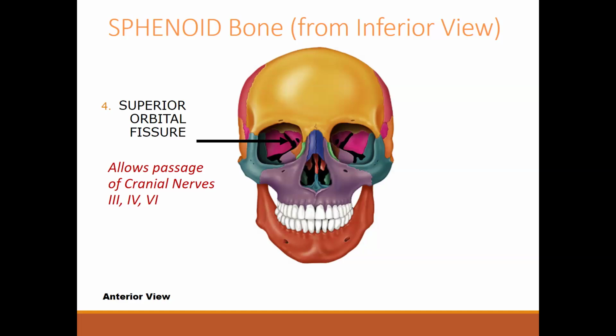These are going to carry nerves that help the eye move. And those nerves are going to be the Roman numerals 3, 4, and 6. But again, we're going to cover eye movement under Unit 4. So I'm going to save this for Unit 4. Not right now. We'll come back to that for Unit 4.